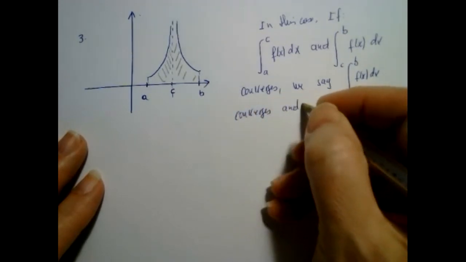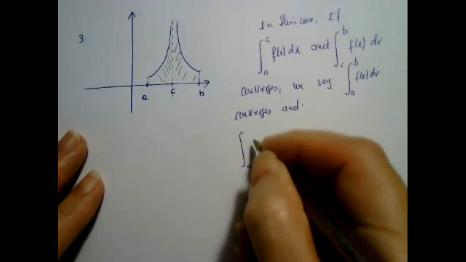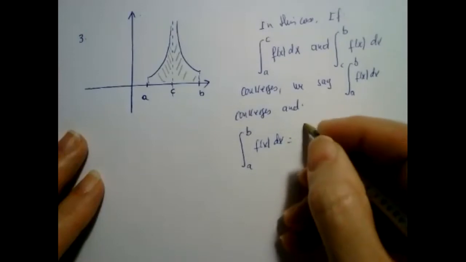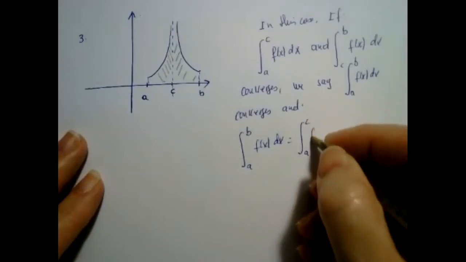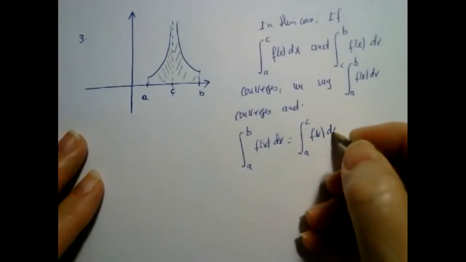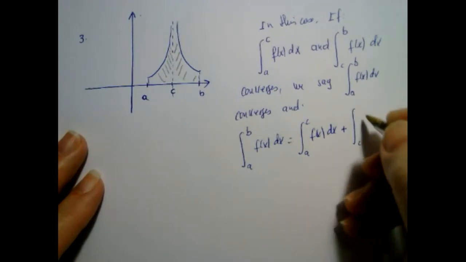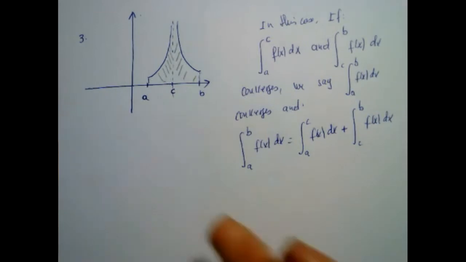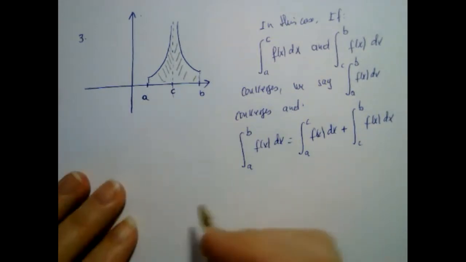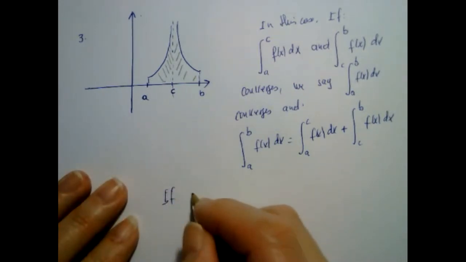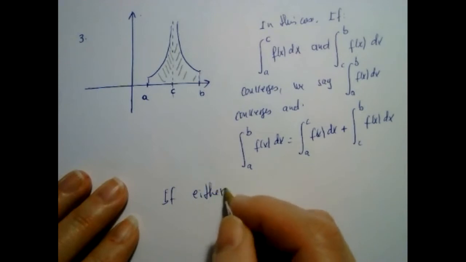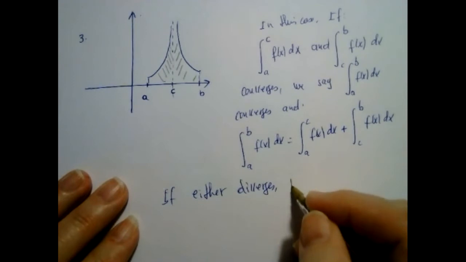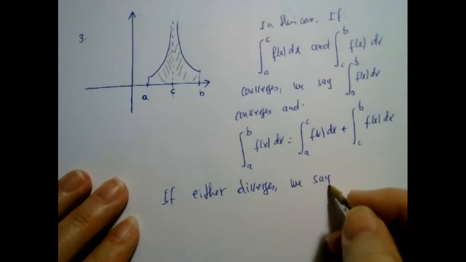And we write that the integral from a to b is the sum of them, just like we did yesterday between minus infinity and infinity. Now, if either diverges, we say the integral diverges.